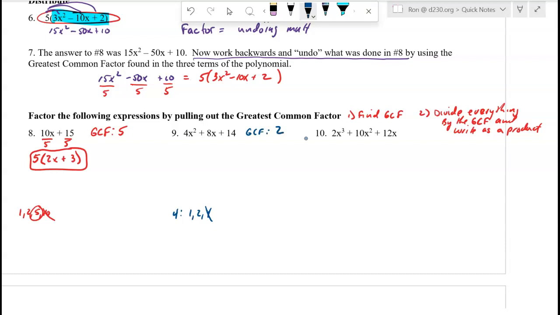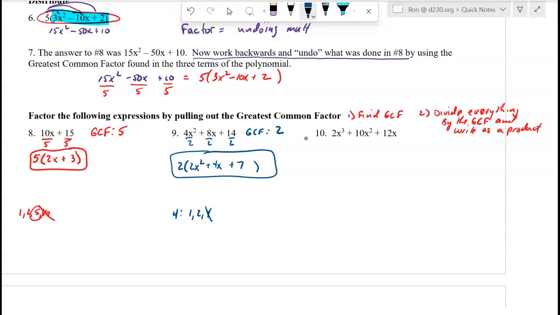Not every term has an x, so I cannot pull out an x. So I know it's going to be 2 times. How do I get my leftover polynomial? Divide everything by 2. 4x squared divided by 2. 4 divided by 2 is 2x squared. 8x divided by 2 is positive 4x. 14 divided by 2 is plus 7. And I have just factored out the GCF.